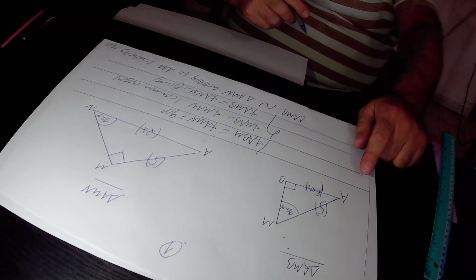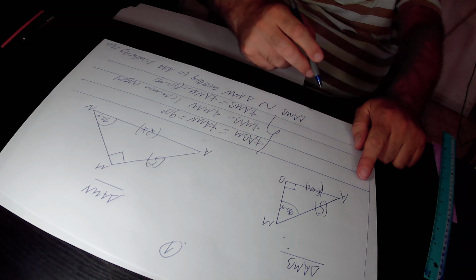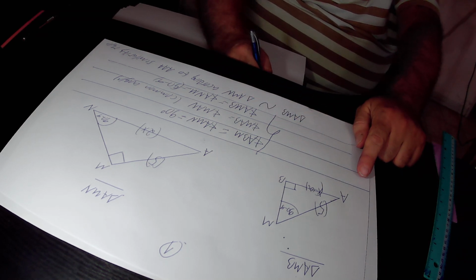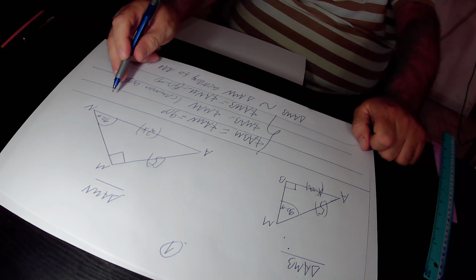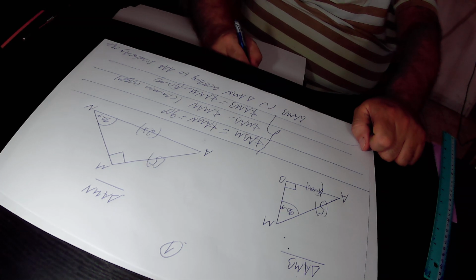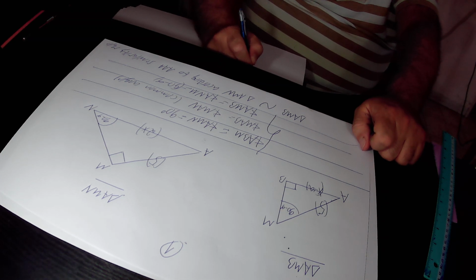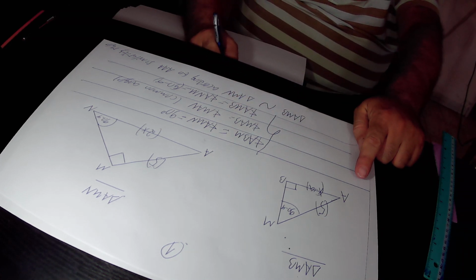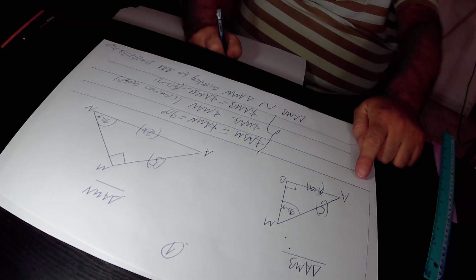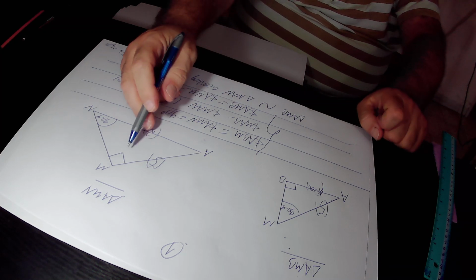We derive that side AM of this right triangle AMN over side AN of this right triangle AMN equals side AB of this right triangle AMB over side AM of this right triangle AMN.